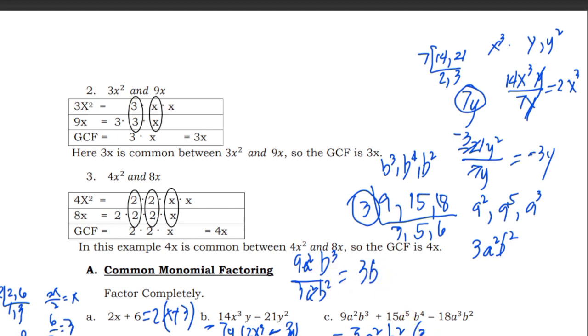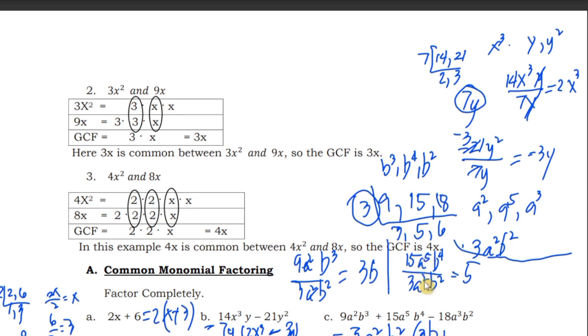So that is why 3b, plus the other one, 15a to the 5 b to the 4 over 3a squared b squared. 15 divided by 3 is 5.